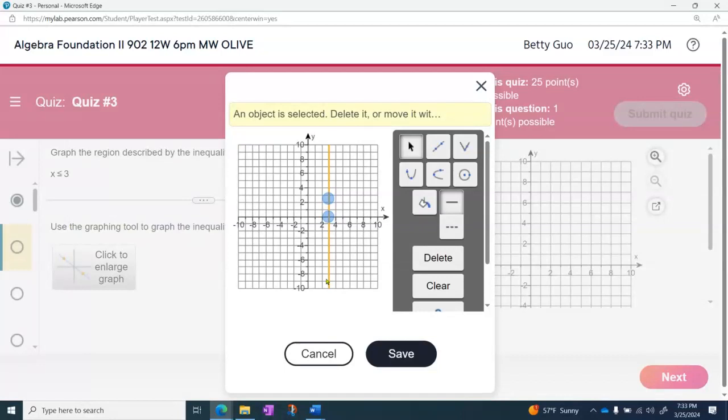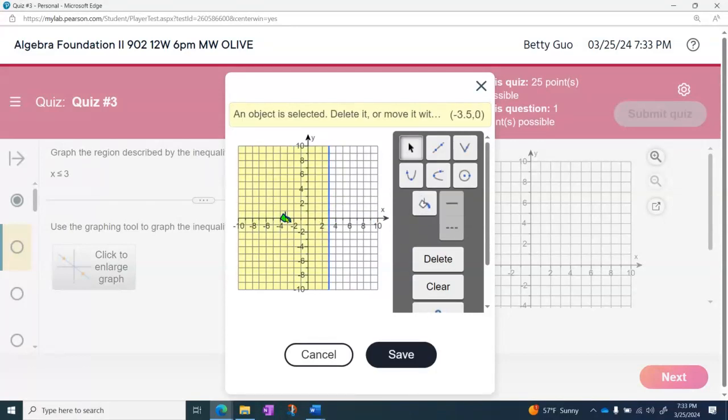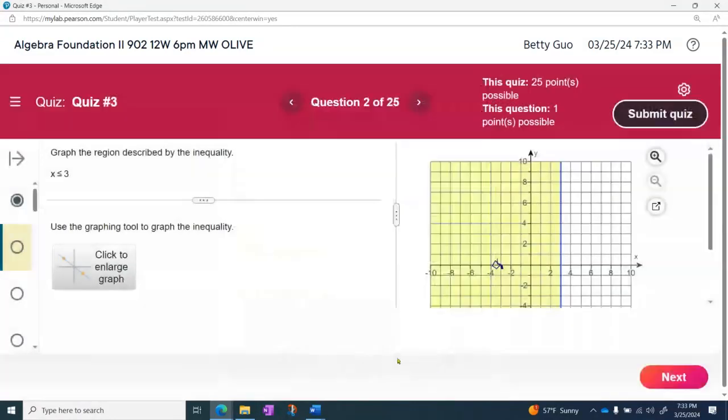I plug in x equals 0, I get a true statement because 0 is less than or equal to 3. That means the origin is a solution, so I'm going to shade the region to the left side. That's my solution. Do you agree? It really doesn't take too much time once you understand it. You can get it done very quickly. You actually should be happy if you have a vertical or horizontal boundary line because it's easier to graph. Next.